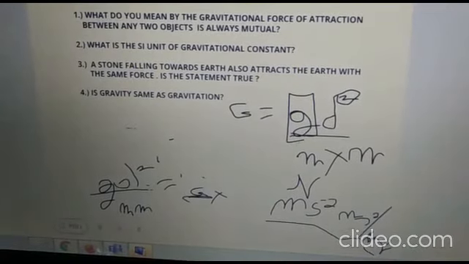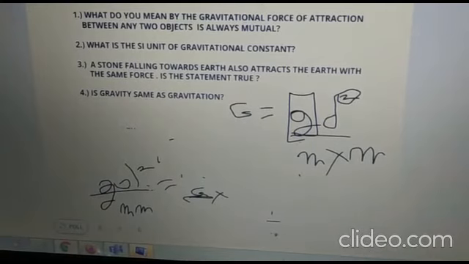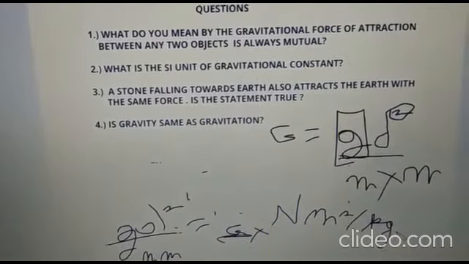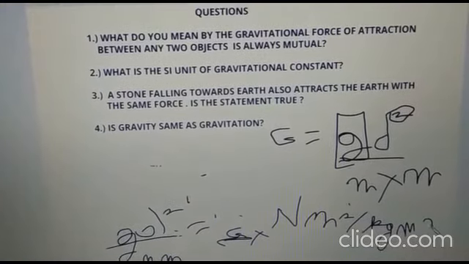Now, guys, the accurate unit of gravitation is newton meter square divided by kg square.